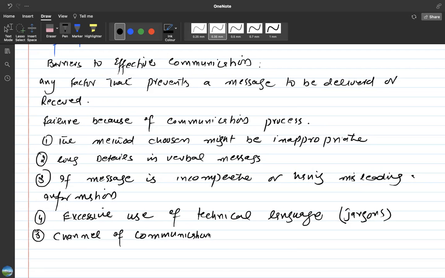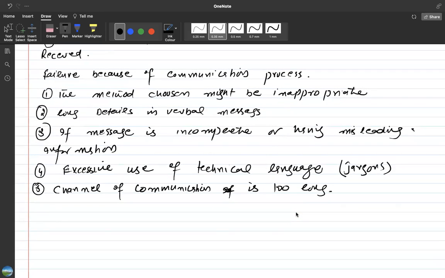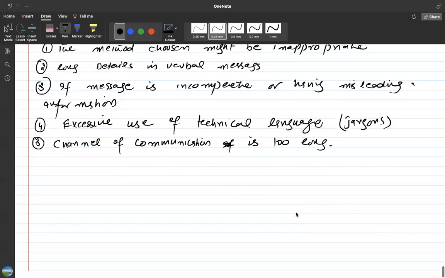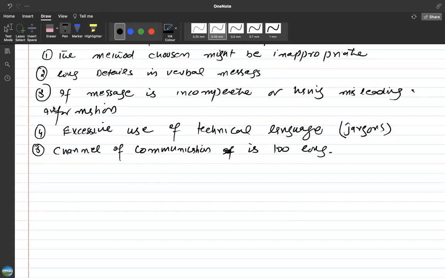The message will be misleading by the end of the chain. When it reaches the last receiver, the whole message might have changed. The problem becomes significantly important in large organizations where the chain of command is too large.